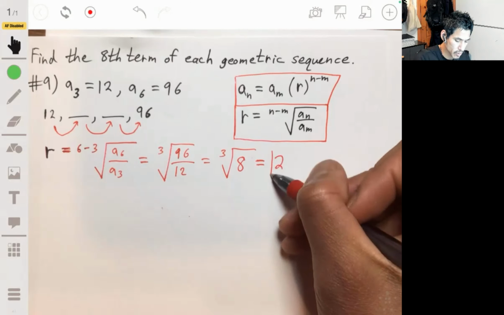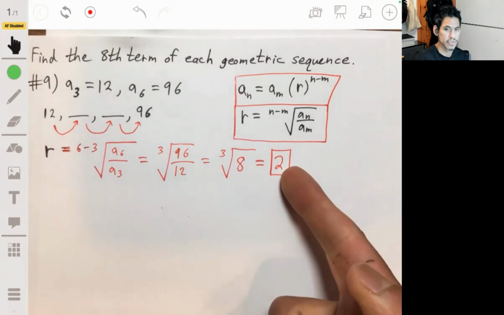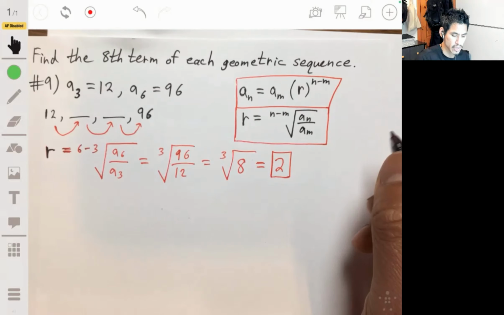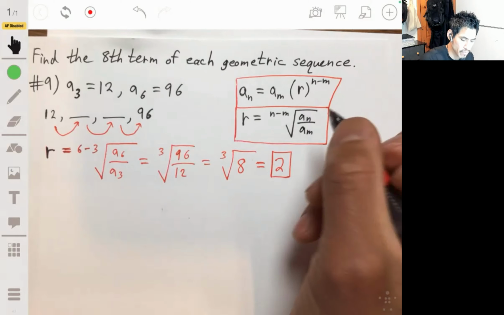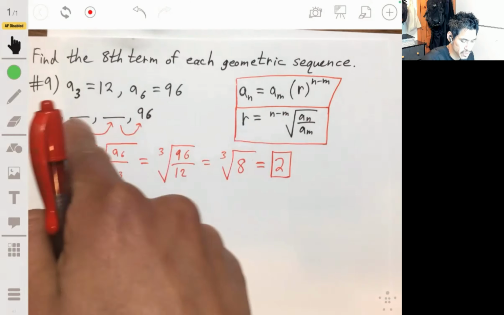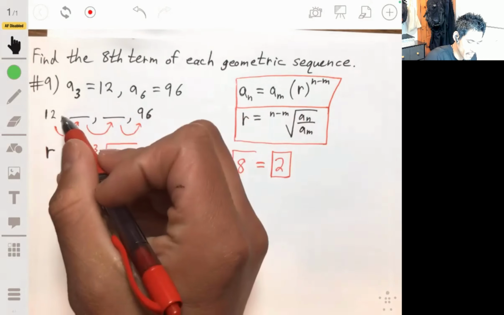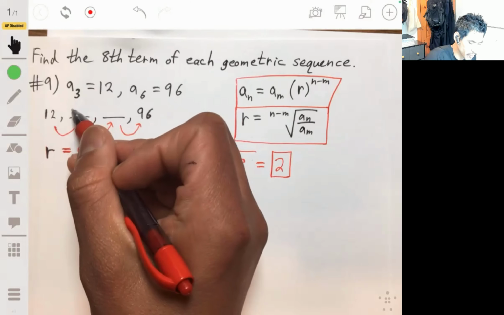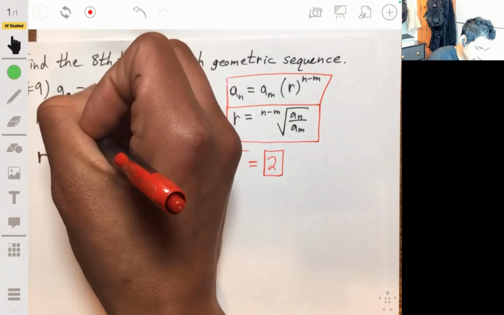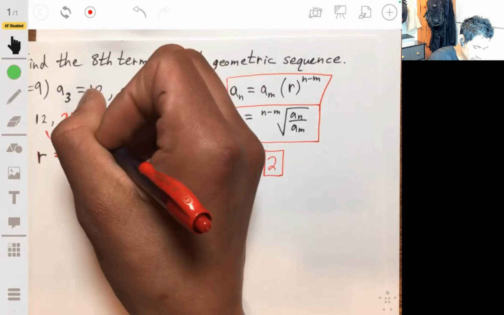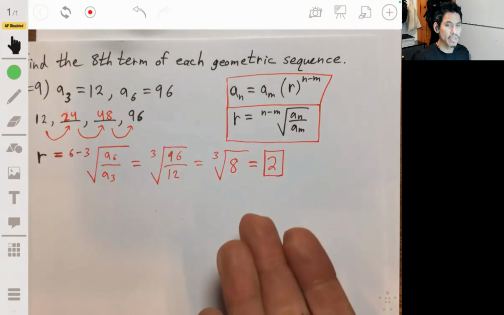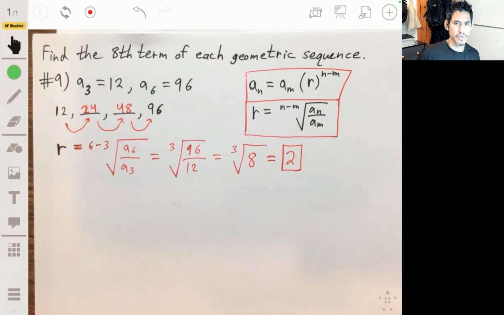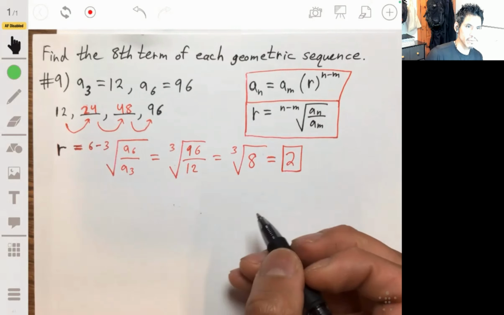That's going to be 2, because 2 times 2 times 2 is 8. Let's check to make sure this makes sense. Multiplying 12 by 2, we get 24. Multiplying 24 by 2, we get 48. 48 by 2, we get 96. So that checks out, and we know we have the right ratio.